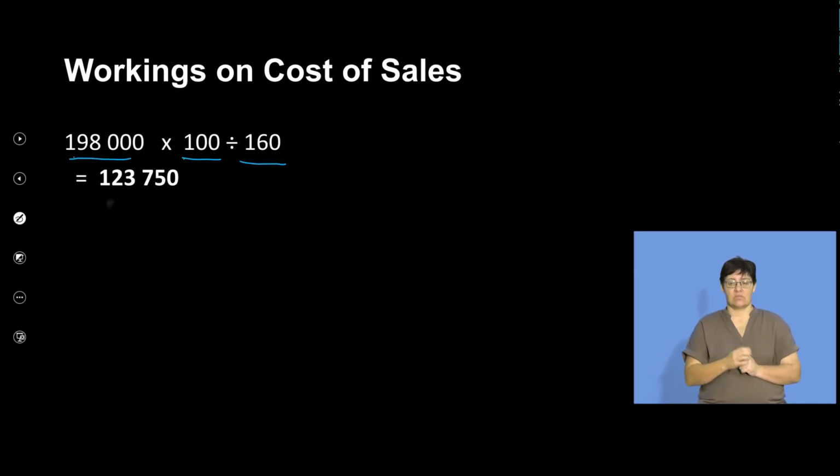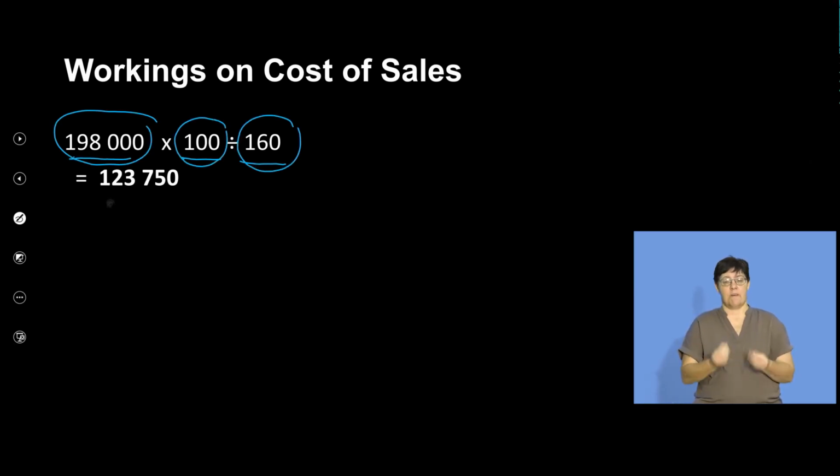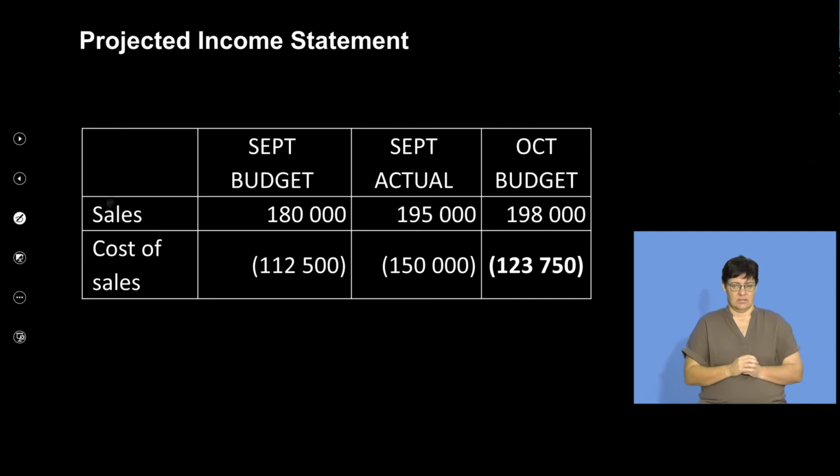So therefore, it's 198,000, which is my selling price, times 100 divided by 160 will give you a figure of 123,750. We can actually go now and slot in that figure into my budget period, and you can see it's sales less your cost of sales.